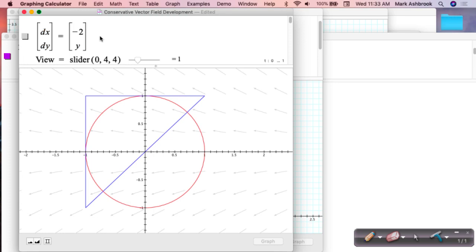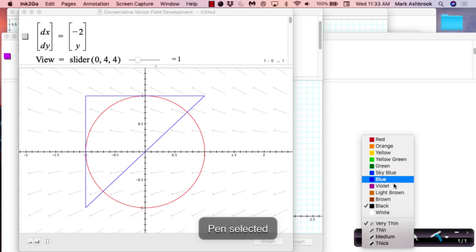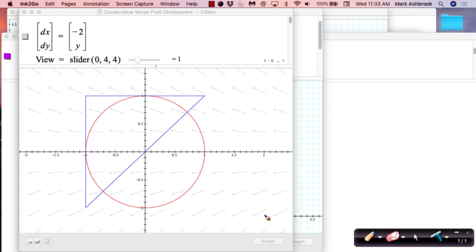So let's talk about the triangle. Well, we've got a couple minutes here. So let's do a clockwise loop around the triangle. So how would we compute this, what we call a circulation integral.